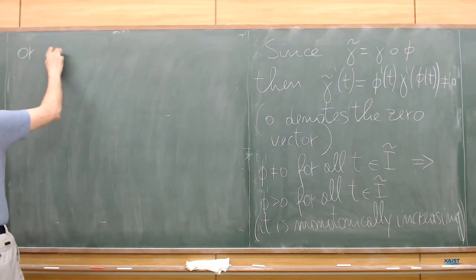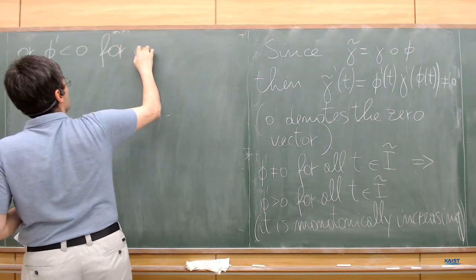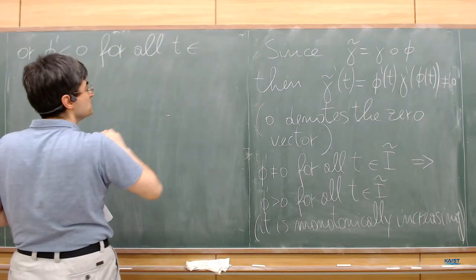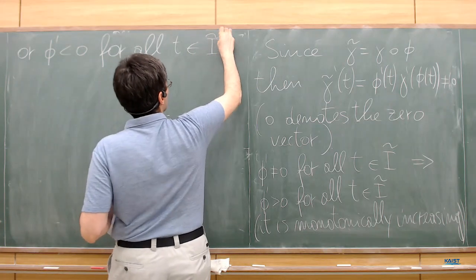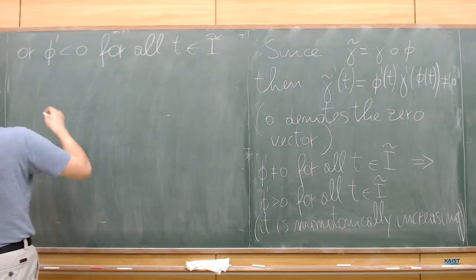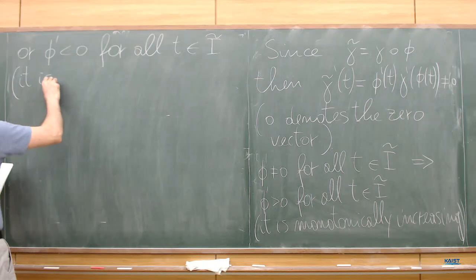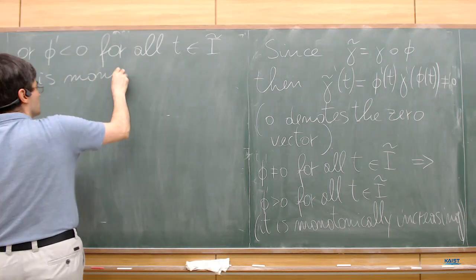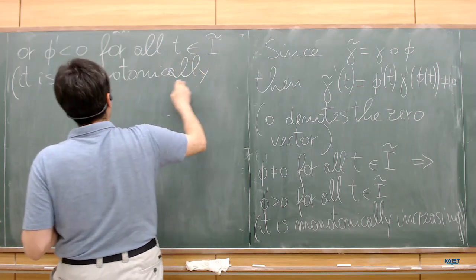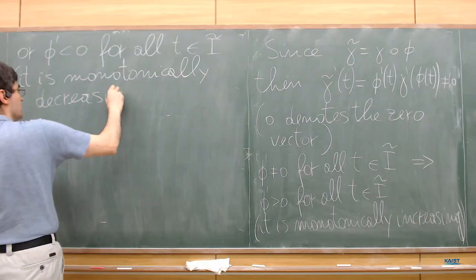Or phi prime negative for all t. It is monotonically decreasing.